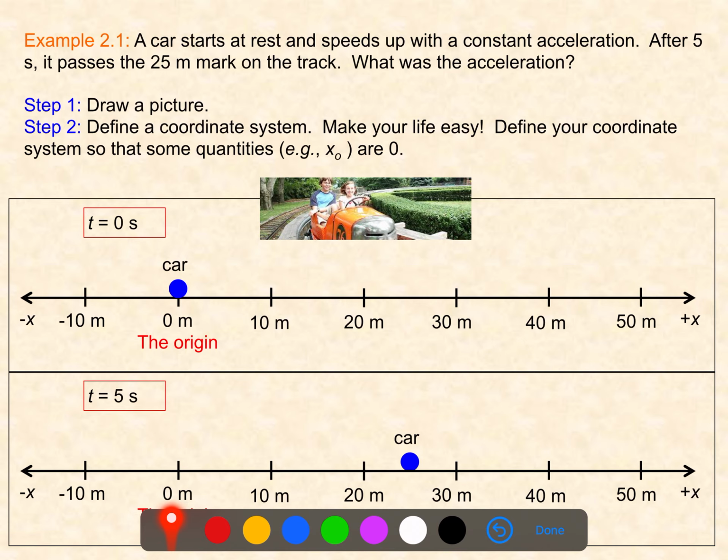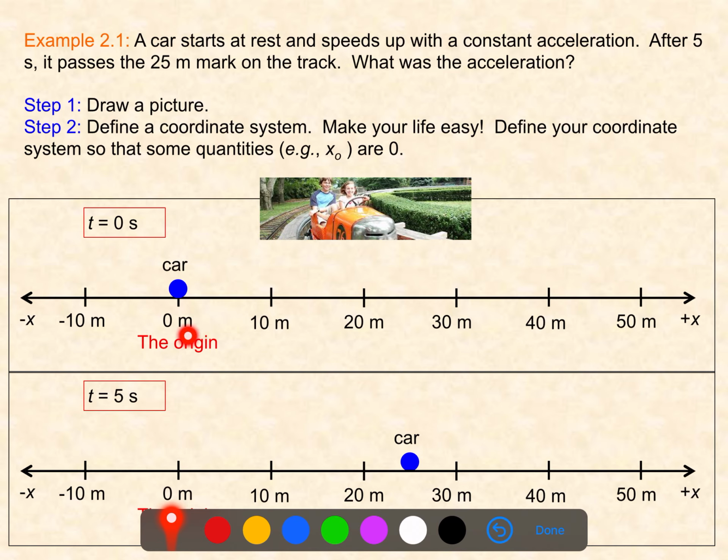Once you have that picture, you want to define your coordinate system around what's convenient for you. In this case, if the car is starting at rest at a certain position, I may as well make that initial position 0. I could choose to make it 10, but why would I make my life more complicated?